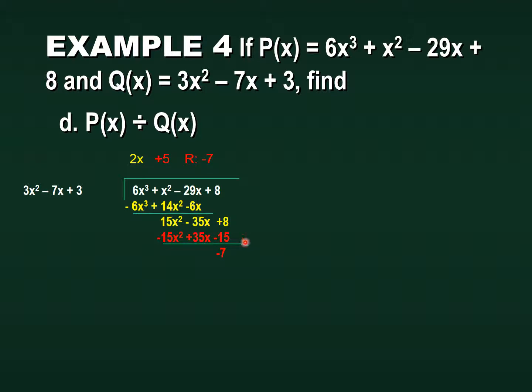So I combine those. My 15x squared cancels. My negative 35x also cancels. And then 8 minus 15 is negative 7. I don't have anything else to bring down. And there's nothing I can multiply 3x squared by to get negative 7, which means I have a remainder of negative 7. So this becomes my final answer.